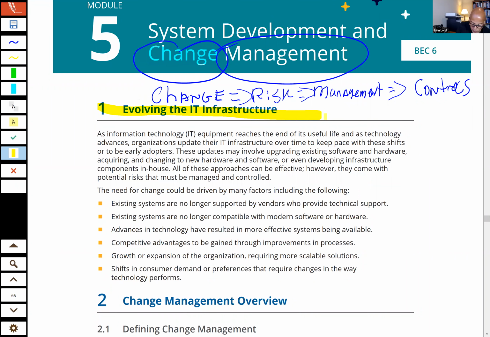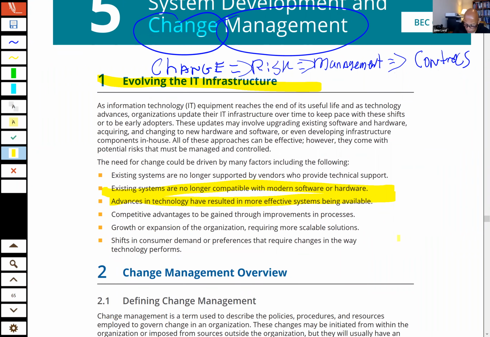Existing systems are no longer compatible with newer, modern software. Advances in technology have resulted in more effective systems being available, or even though they don't get to it so much here, there could be vulnerabilities in old systems that need to be addressed. Thus, we will have to make some changes.